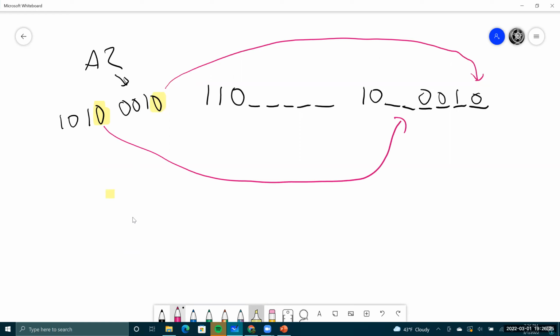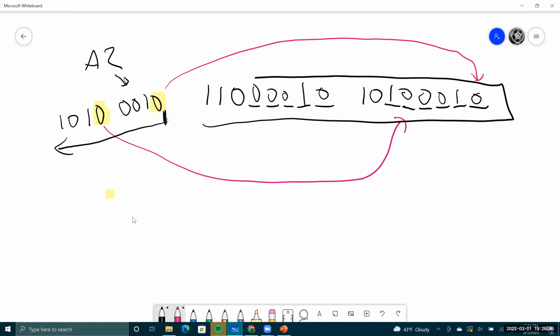Again, from the right, it's going to be 0, 1, and then 0, 1. Okay, and then fill out the rest. We'll pad it with zeros. So I'm filling it out from right to left and filling in the blanks. And this is your UTF-8 for the cent character. Okay, so this is code point A2.